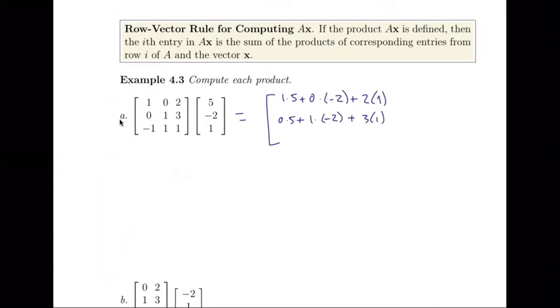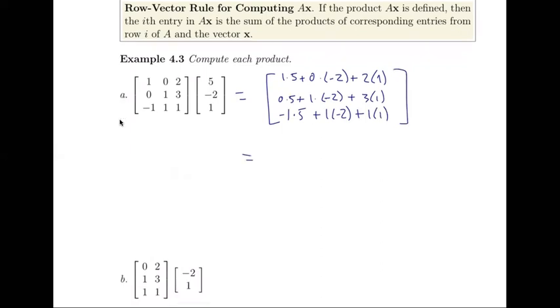And if we were to write this out and identify the columns A1, A2, and all that for the matrix A, we'd realize that this is in fact exactly what we defined at the beginning of this section. The third is the third row of A, all of its components times each corresponding component of X: -1 times 5 plus 1 times -2 plus 1 times 1.